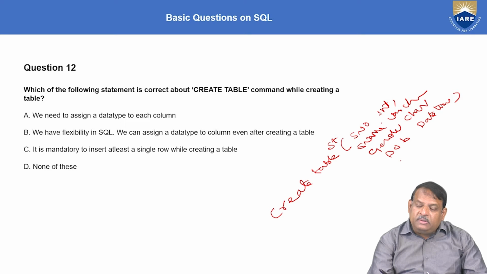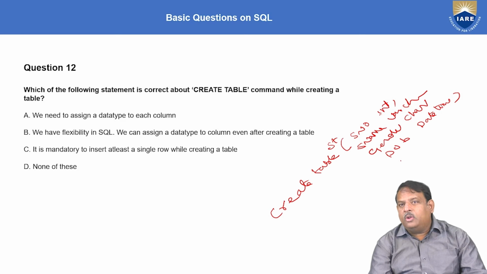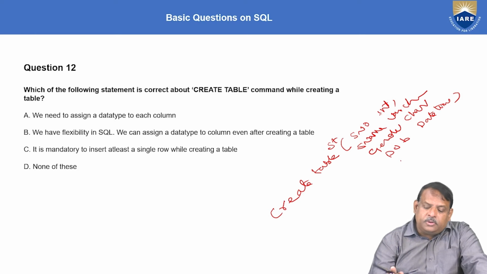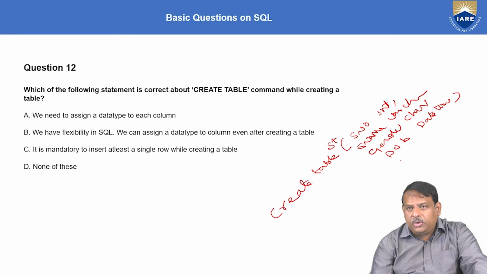So when we are creating a table, we should define what the column is going to store, what is the expected value which you will be storing in that field. So when creating a table, you need to have a column name followed by the corresponding data type. You cannot have a column without any data type.